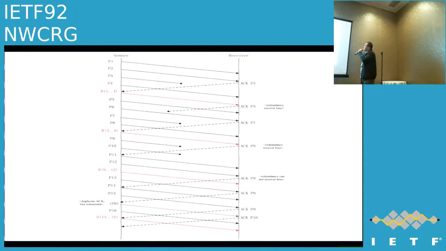On the other hand, if the packet loss is high, so that the redundancy cannot recover the original packets, our mechanism falls back to standard TCP. We rely on the retransmission of standard TCP, such as the duplicate ACK, to trigger the retransmission and repair the packet loss. That is the main mechanism.